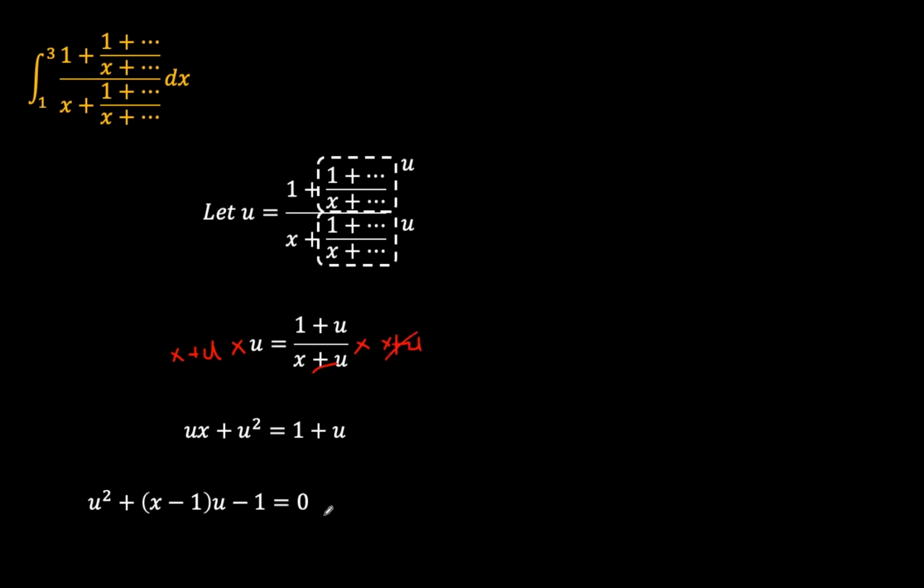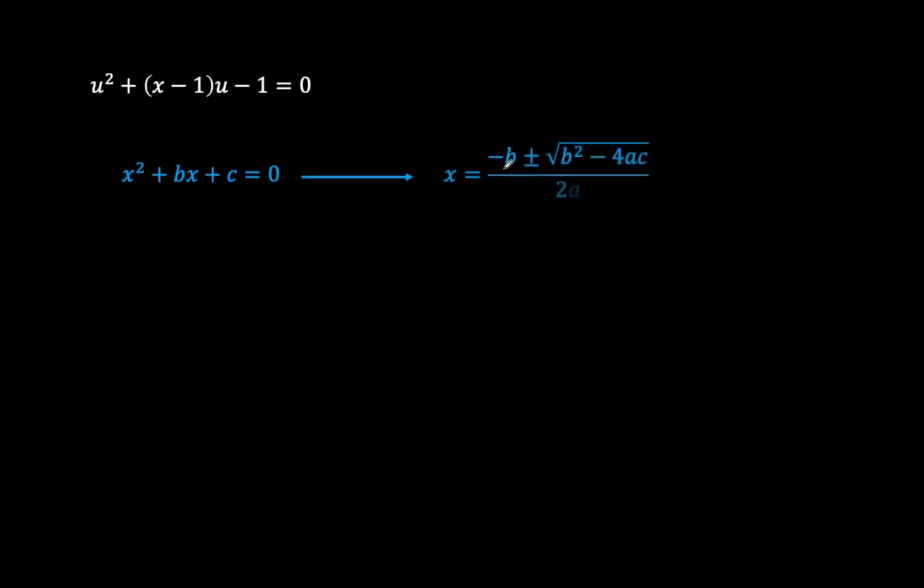Now this is good. We are heading somewhere. What we do really need to extract is u in terms of x. So we have this quadratic expression, and we use the quadratic formula: for ax squared plus bx plus c equals 0, x equals minus b plus or minus the square root of b squared minus 4ac, over 2a. Now for u, the b is x minus 1 and the c is negative 1, right?